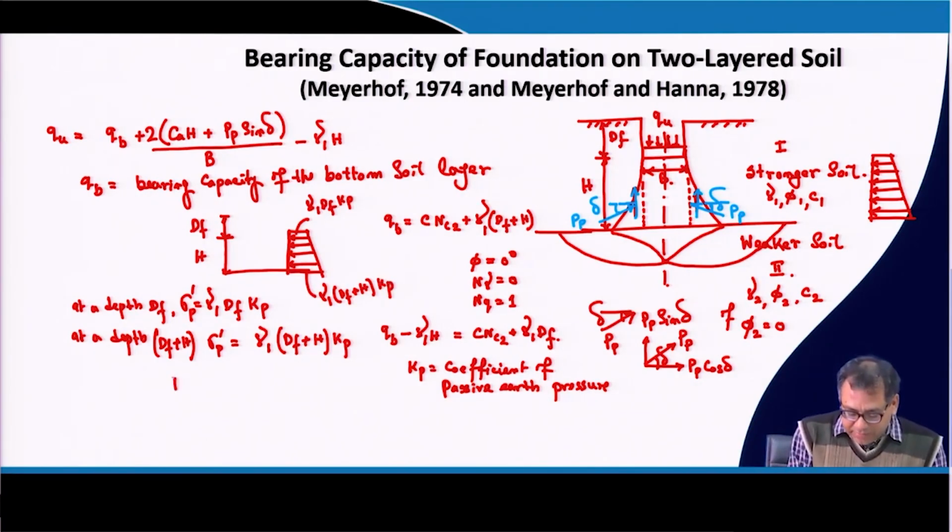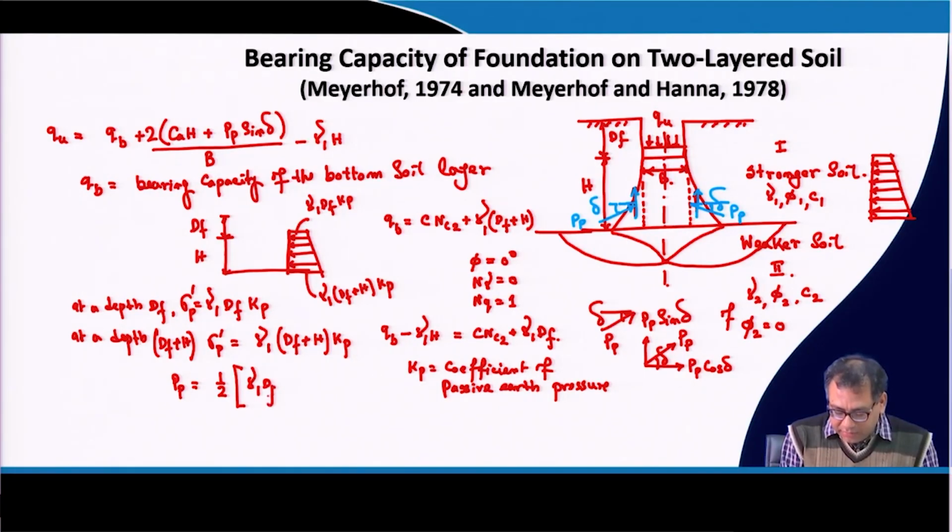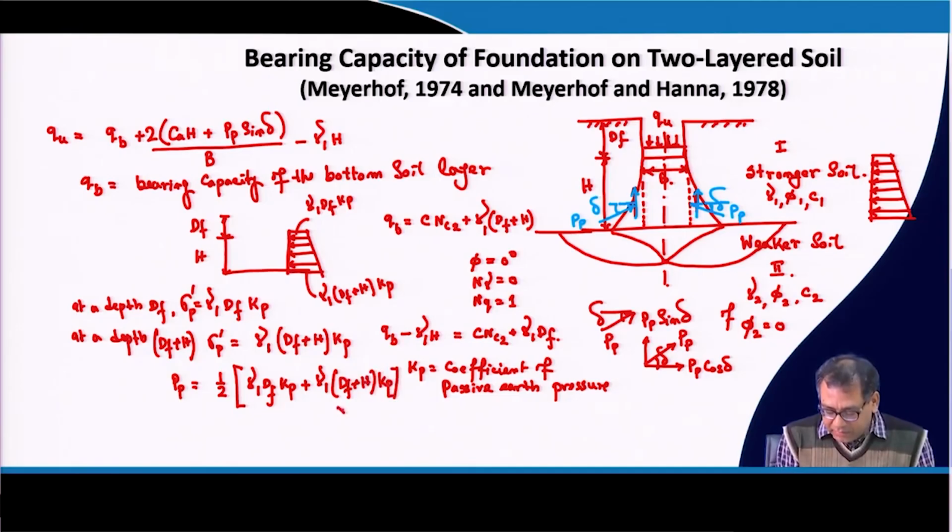So, now the total passive force Pp will be half into gamma 1 Df into Kp plus gamma 1 into Df plus h into Kp, into h, because h is the thickness of this layer.